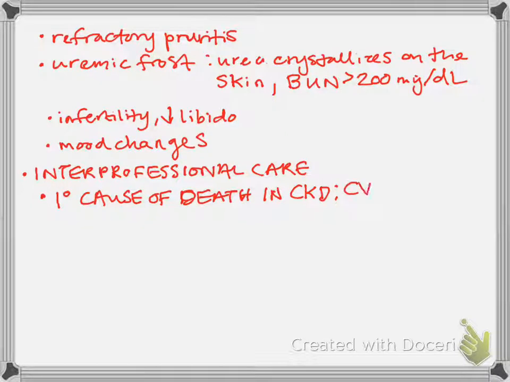So cardiovascular disease, whether it's MI, peripheral artery disease, heart failure, cardiomyopathy, stroke. These are going to be complications associated with chronic kidney disease, as opposed to AKI, the primary cause of death is infection. So your book goes into many different ways of treating the complications. I would encourage you to read through that.